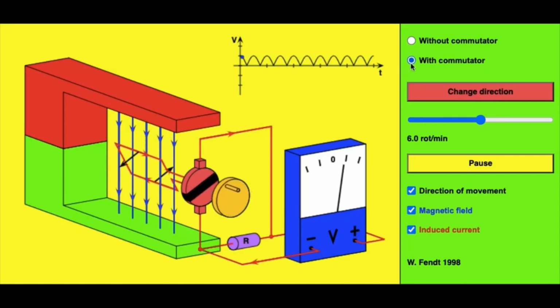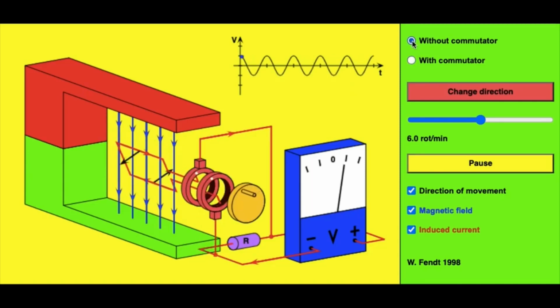We can then replace the split ring commutator with a slip ring that then allows the alternating current in the internal circuit, which has not changed, to be converted into alternating current in the external circuit. It does that by maintaining contact with a certain side of that coil and allowing the carbon brushes to maintain that contact as it rotates.